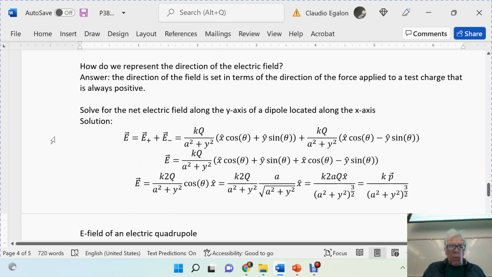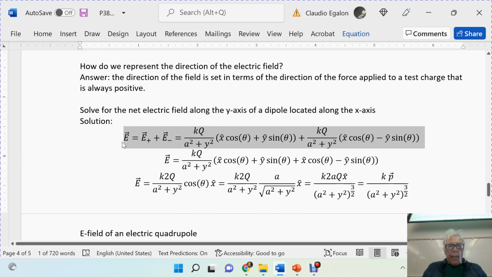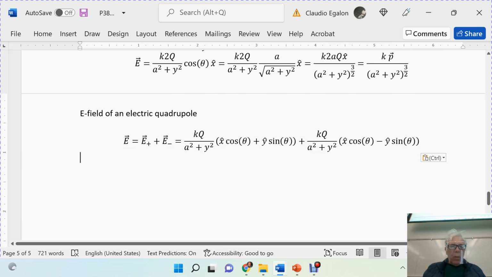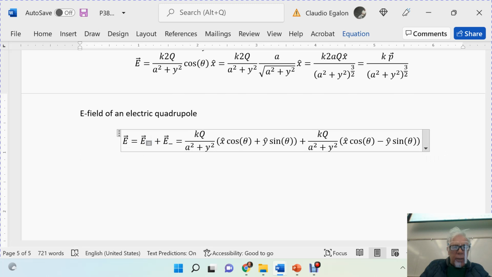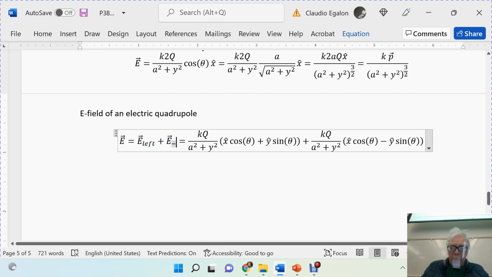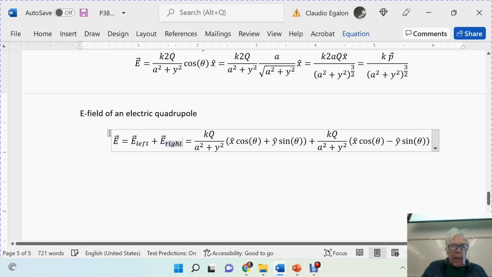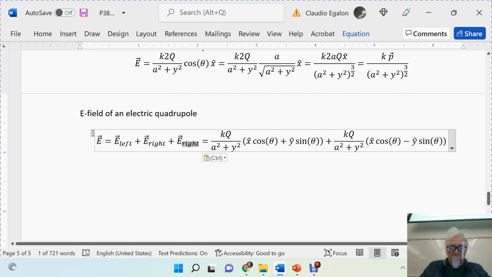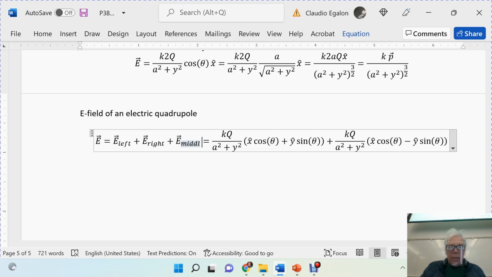I'm going to take advantage of this equation for the dipole, but I'm going to relabel it: left, right, and a third electric charge, the middle one, mid.